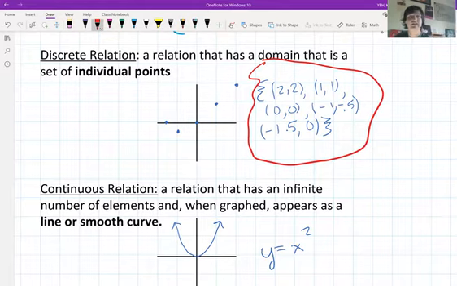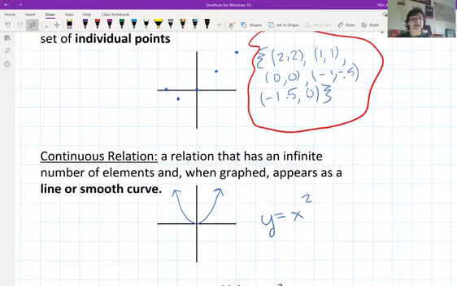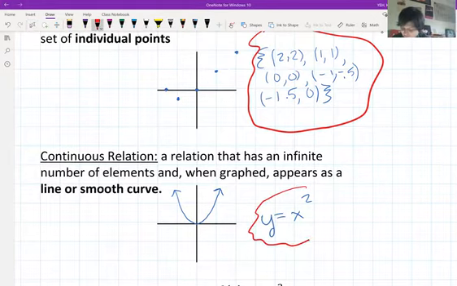Contrast that to the second one on the screen, a continuous relation. A continuous relation is a relation that has an infinite number of elements, and they are connected. Connected with a straight line or a parabola, or there are many, many shapes it can take. But what do you notice about a continuous relation? Well, it has sort of an equation. It has a formula.